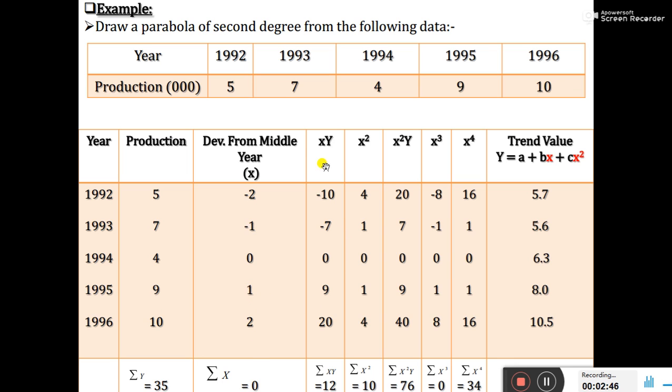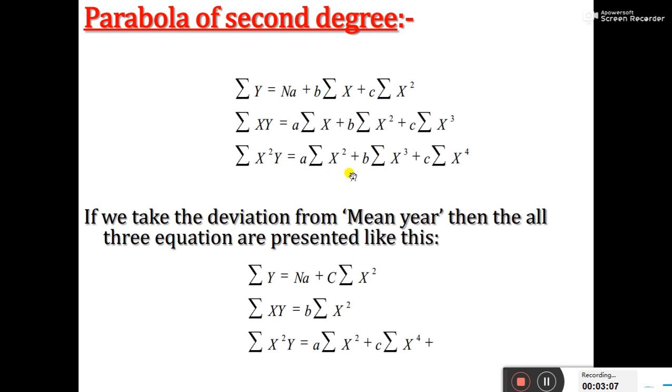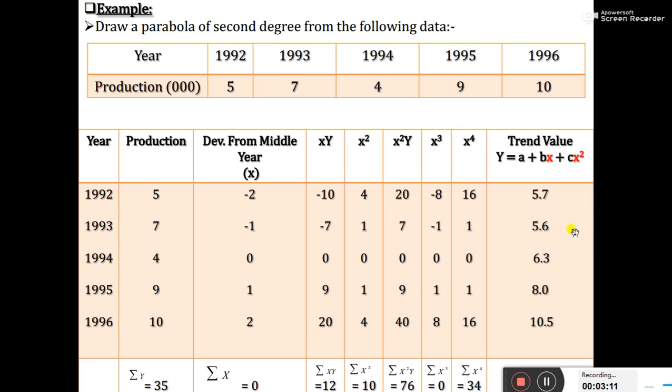Then summation of xy is 12, x squared is the square of these x values, and the summation is 10. And x squared y is this one. All these values are required for the equations to find the values of a, b and c.